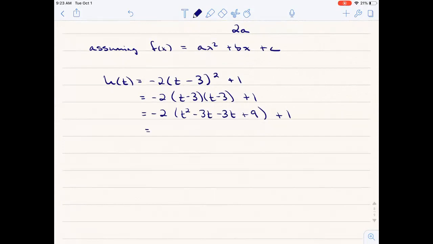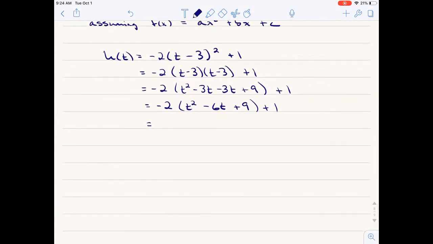I can simplify inside: negative 2 times t squared minus 6t plus 9, plus 1. Bringing that negative 2 inside, being careful to keep the negative, you get negative 2t squared plus 12t minus 18 plus 1.